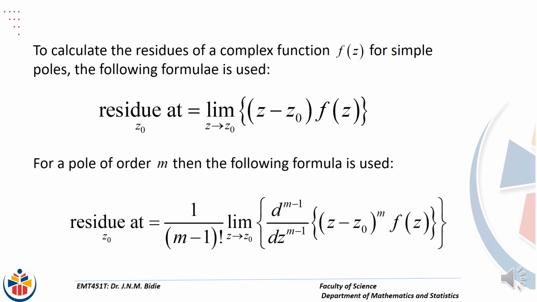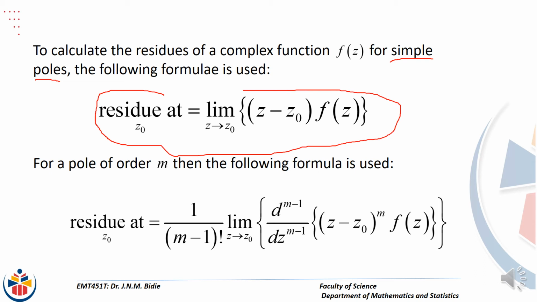But now, without the Laurent series expansion, we can find residues of complex functions. Note that if we have a simple pole or simple poles, the formula that is used is that one.